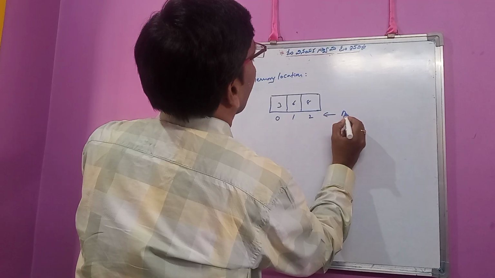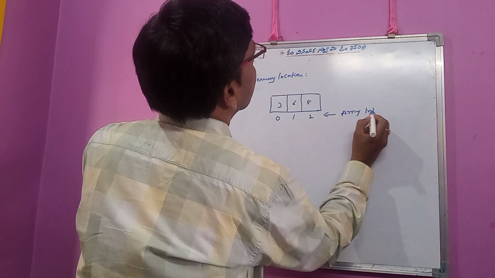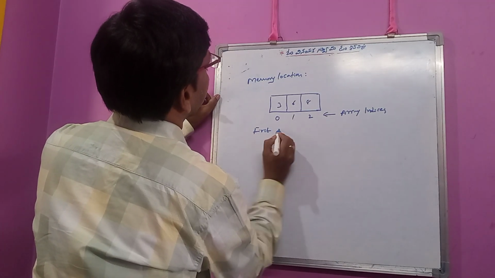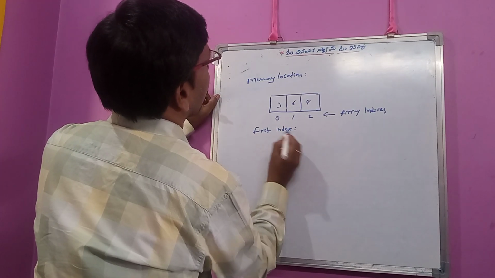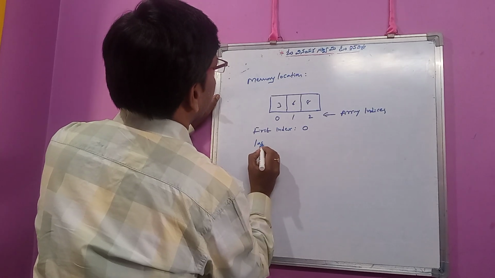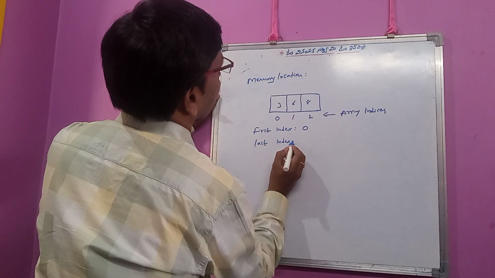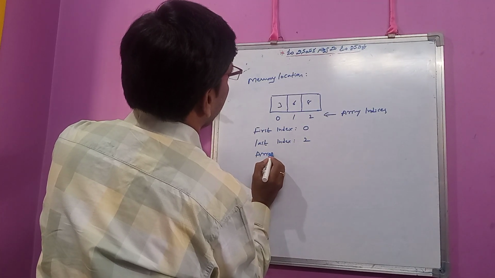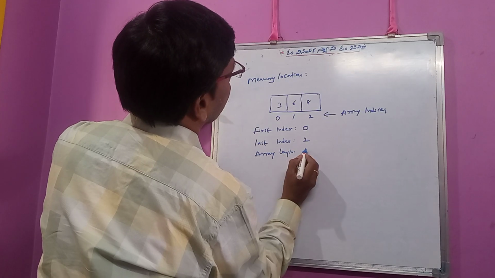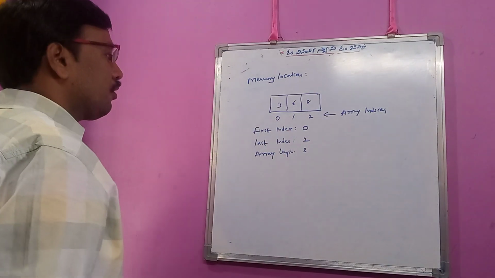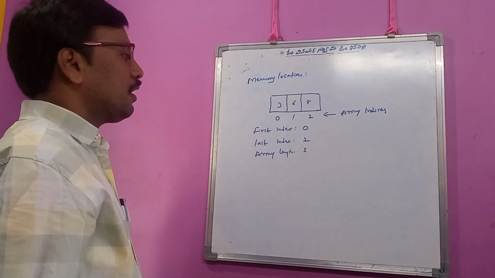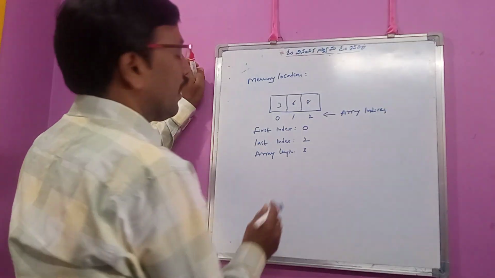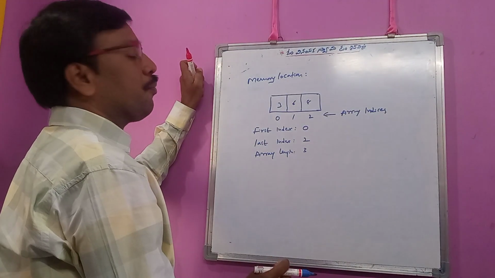These are array indices. First index 0, last index 2, array length 3. Totally 0, 1, 2, we have 3, the length of the array is 3. The array starts index from the 0th location.